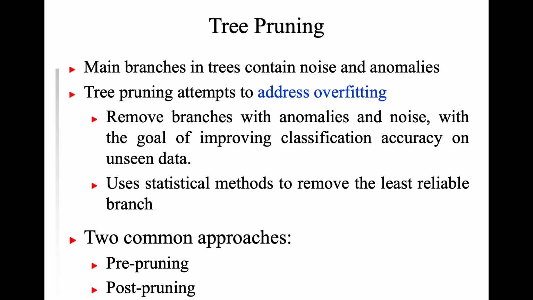So instead of growing a tree very deep and reaching sub-trees containing nodes that don't actually have significant predictive power, or that contain anomalies, bias, or outliers, we can remove them. So there are two main approaches to tree pruning. We can do pre-pruning or post-pruning.